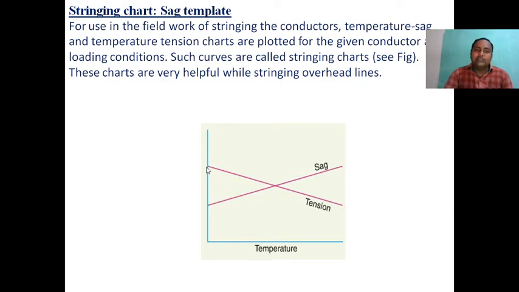When sag is maximum, tension T is minimum. If the temperature increases, sag is maximum and tension is minimum. This is a stringing chart, drawing the graph of temperature versus sag and temperature versus tension.